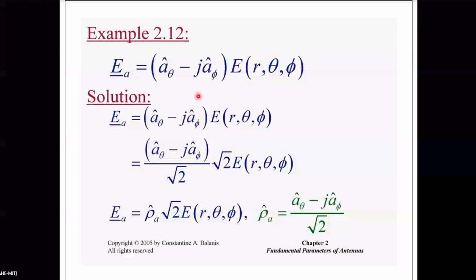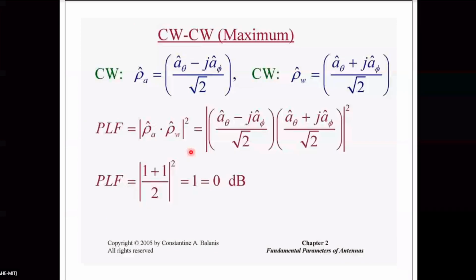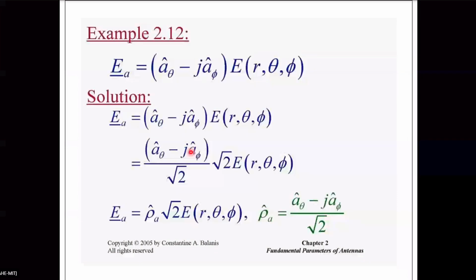So any questions? Sir, what is EW for this example? Okay, it is not given. It has yet to come. The problem is given in the textbook, and I don't have the textbook here.